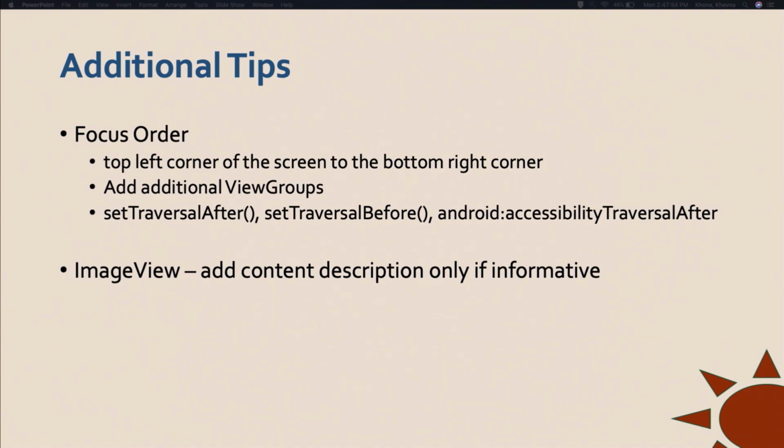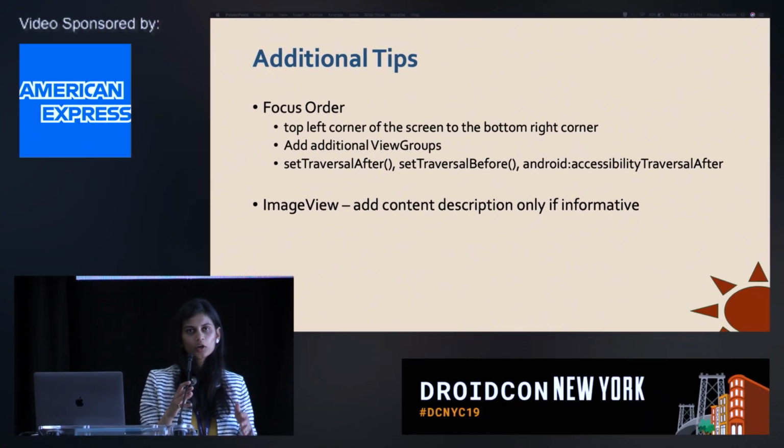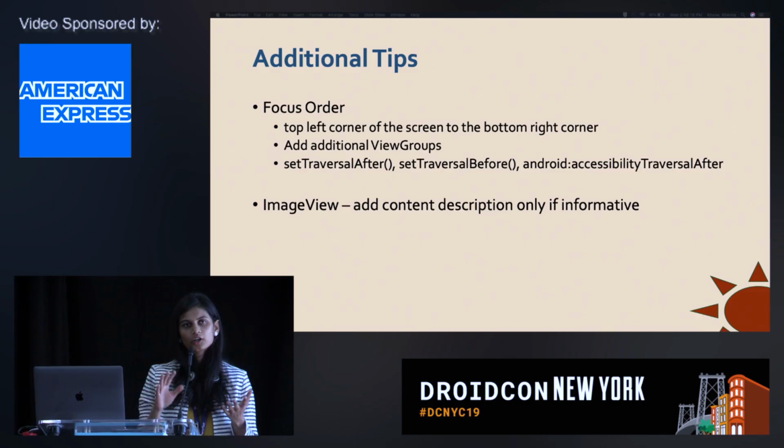There are methods that you can call and set, but these are available in API 21 and above. So you have setTraversalAfter and setTraversalBefore. You could also use accessibilityTraversalAfter in the XML. The focus order always goes from top to bottom, from left to right, so you sort of have to make your views go in that order.